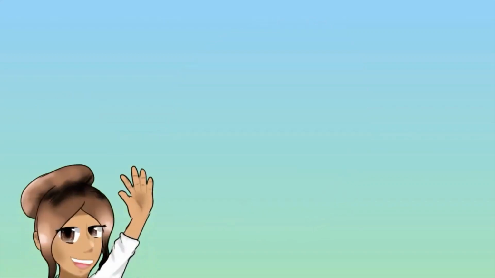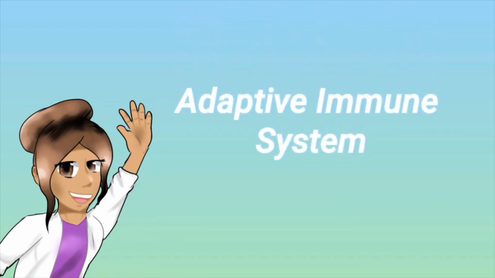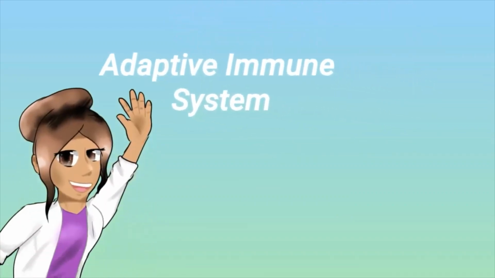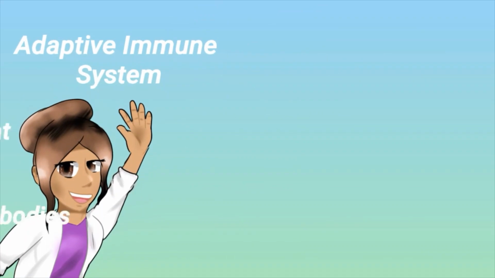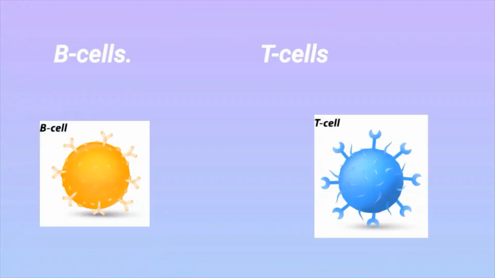And then, if it surpasses the generalized cells that are meant to fight off those antigens, this is where the adaptive immune system comes in. The adaptive immune system targets specific antigens using two types of lymphocytes. These lymphocytes are called B cells and T cells.